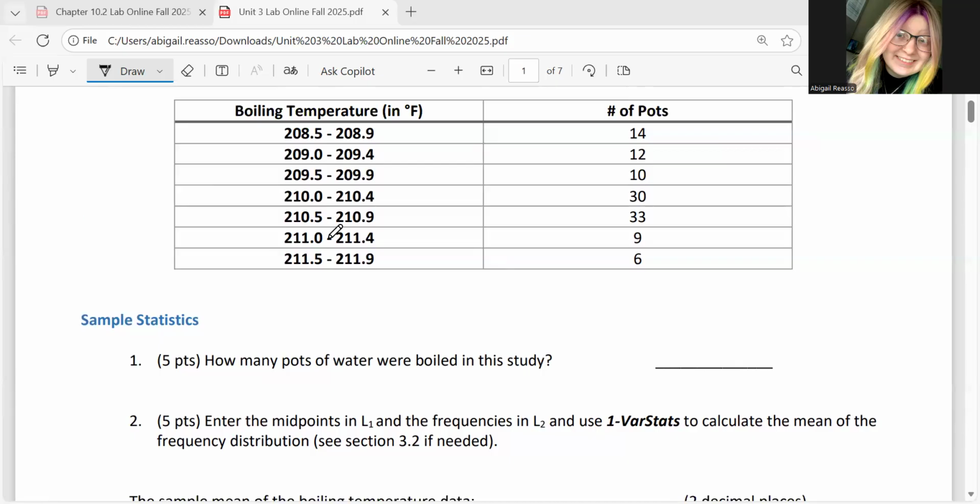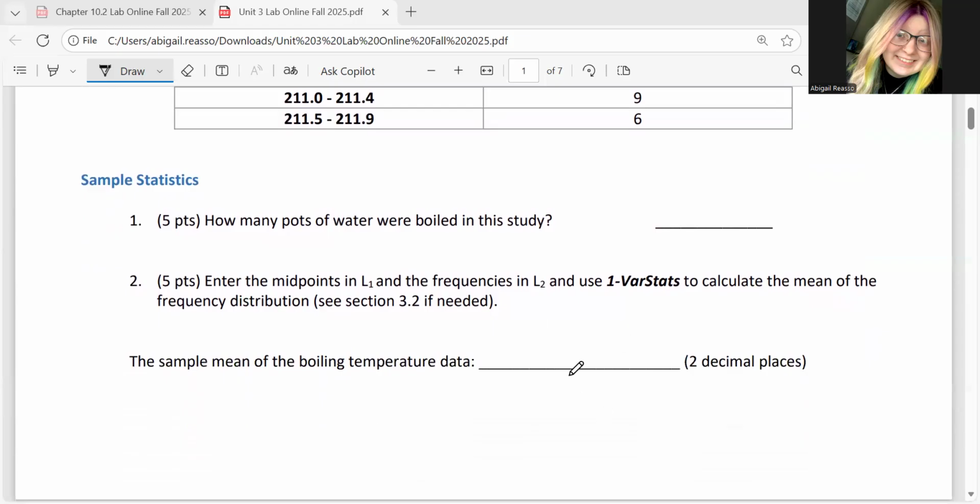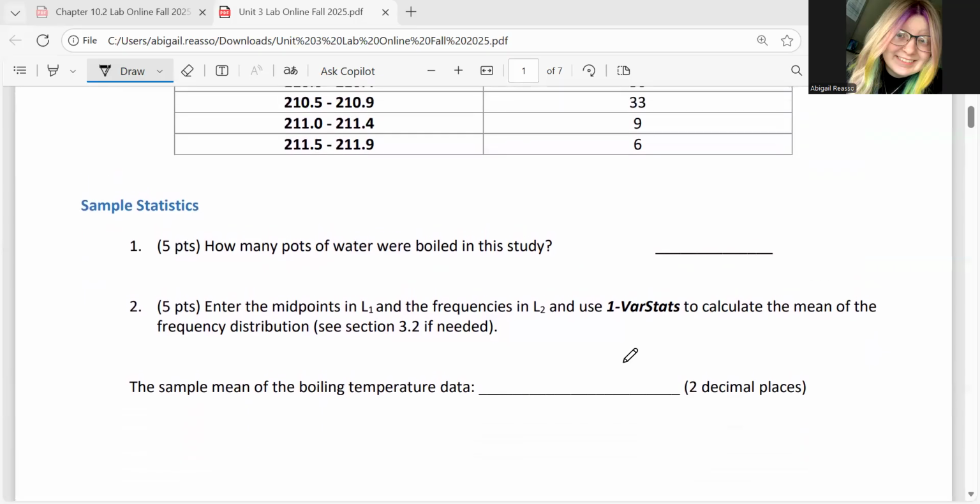That'll go in L1 in your calculator. And then you'll list your frequencies in L2 and use the 1-Var Stats to calculate your mean. So you'll get that from the calculator and round it to 2 decimal places for right here. Again, make sure you're using units on your answers, please. Okay.